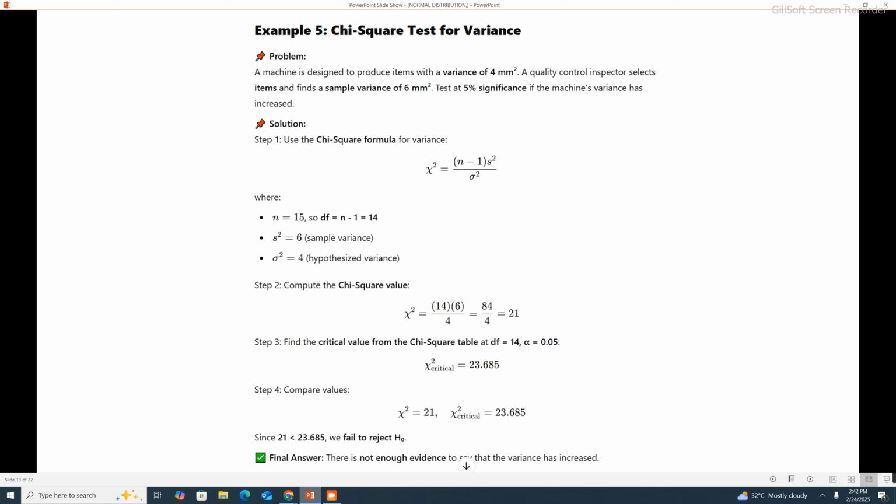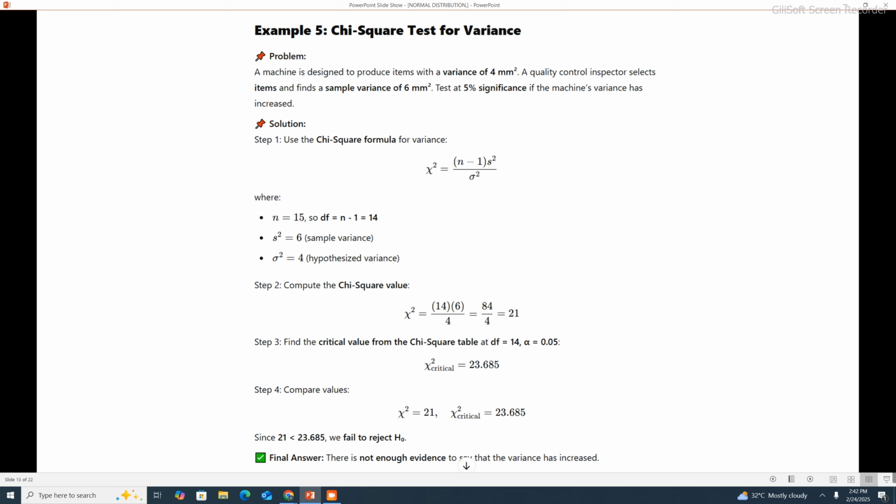A machine is designed to produce an item with a variance of 4 mm square. So generally the entire population of the machine that was designed was 4 mm. We can call that the population variance. That's why the population variance here is 4. Now a quality inspector comes and selects a sample from it and finds out that the variance of that sample is 6 mm.